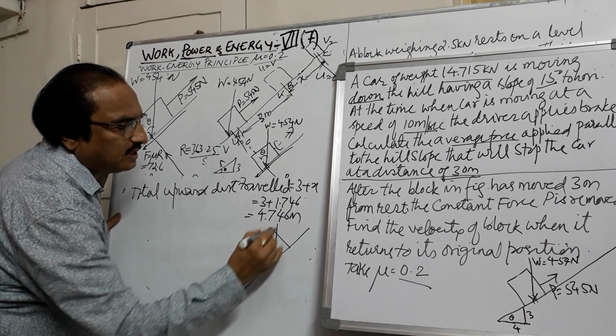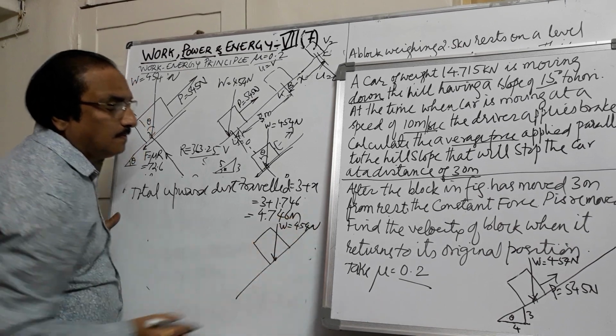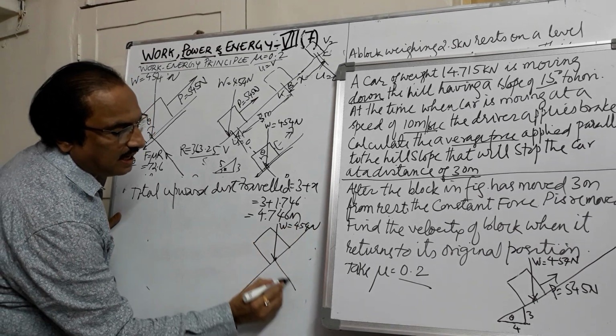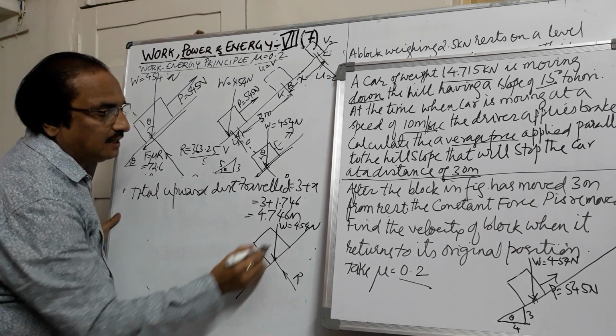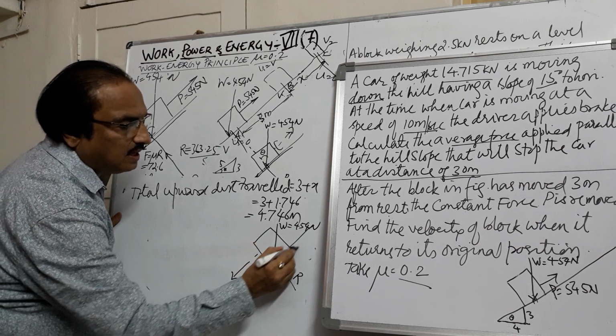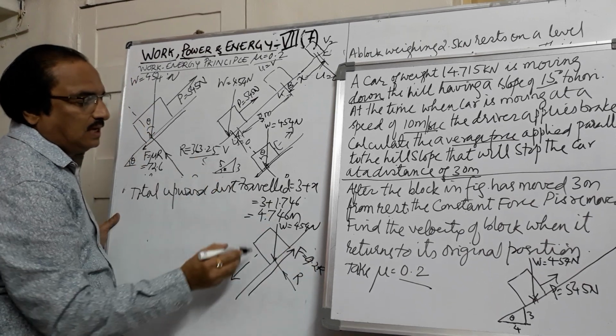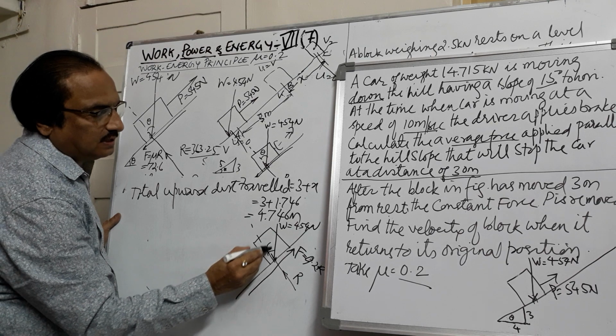This has got the weight. It has got reaction and it is moving down. So the force of friction will be up. F is equal to 0.2 R, and this is making an angle of theta.